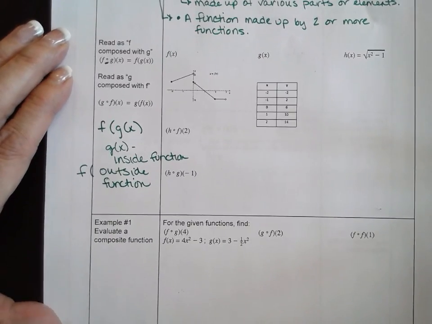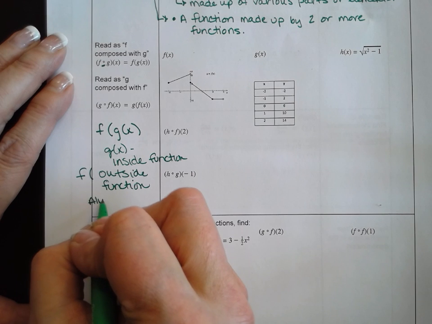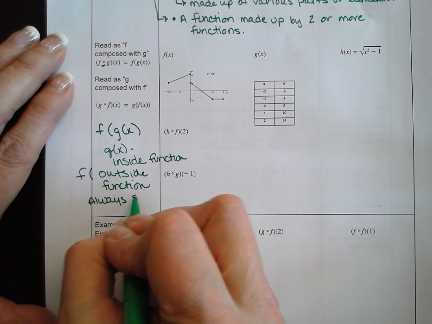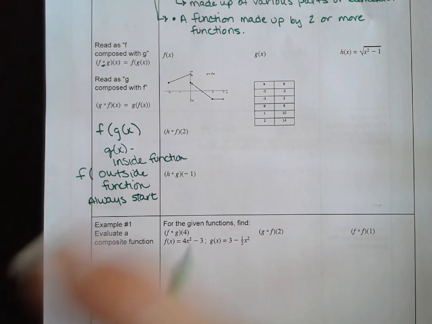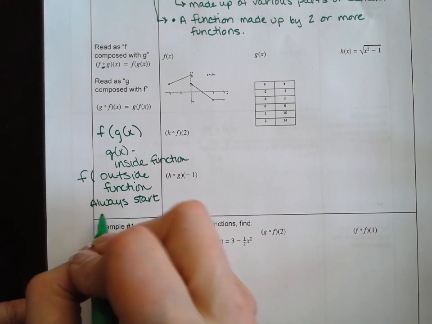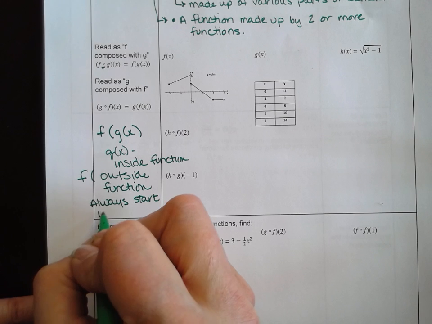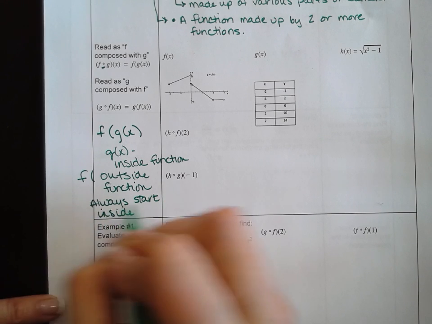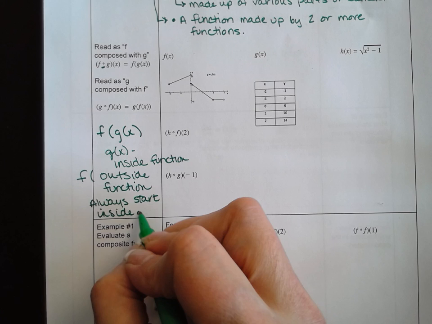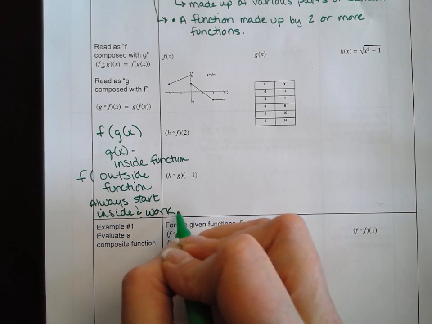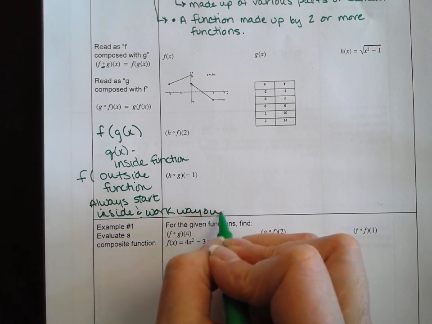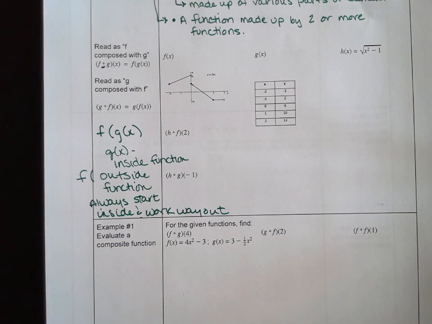When you're working with them, you always start on the inside, just like grouping and parentheses and all that good stuff, and work your way out. Okay, good so far?